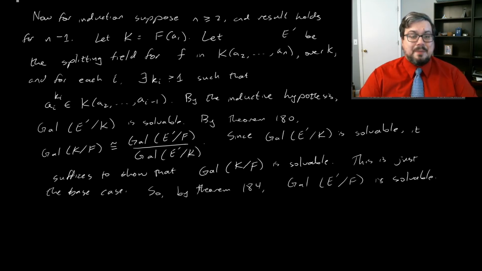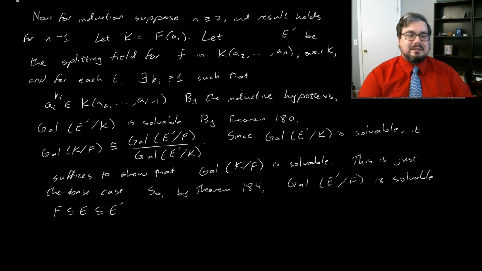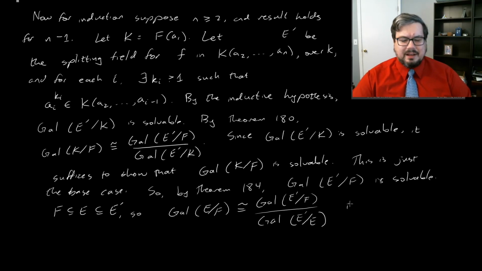So then to get back down to E, we have that F is contained in E is contained in E prime. E prime can only be a little bit bigger than E. So that means that the Galois group of E over F is isomorphic to the Galois group of E prime over F modulo the Galois group of E prime over E. And so this is solvable, again by theorem 184.